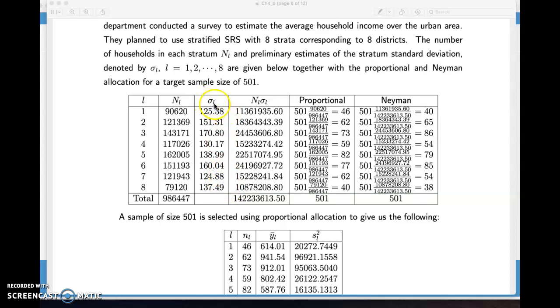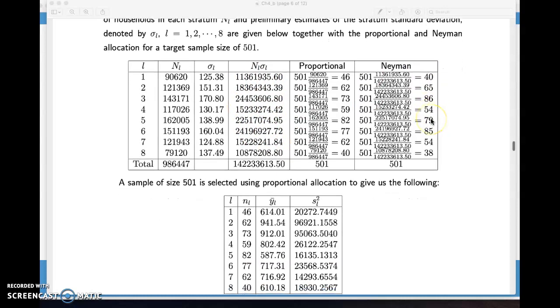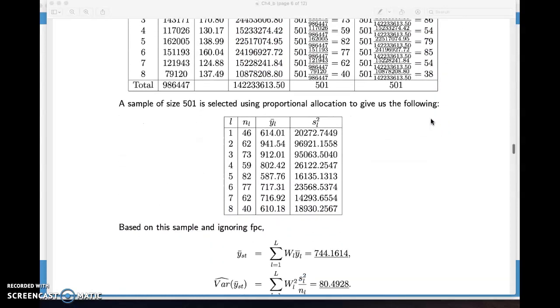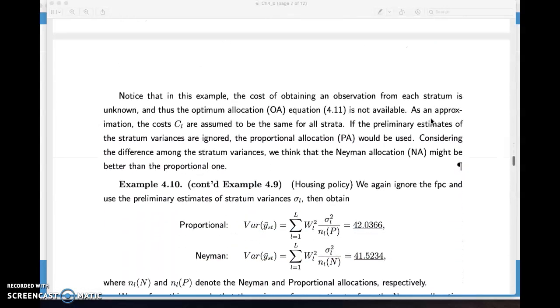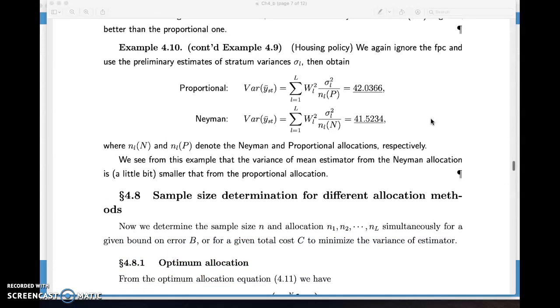So sigma L also serves as a very good factor for us to determine the allocations of sample. If sigma L is not insignificant, then we had better make use of the Neyman allocations. We need to have sigma L as one of the factors for our allocations.